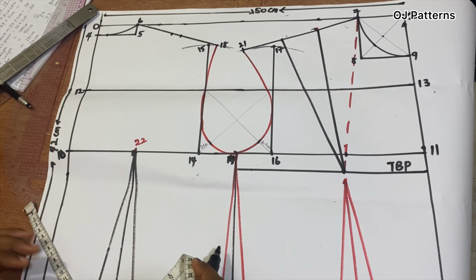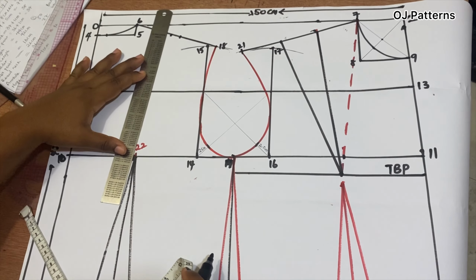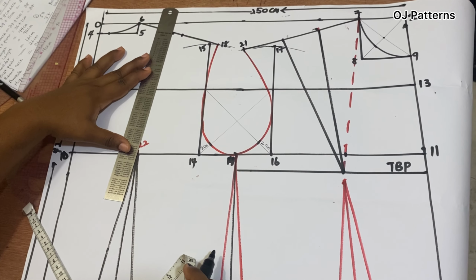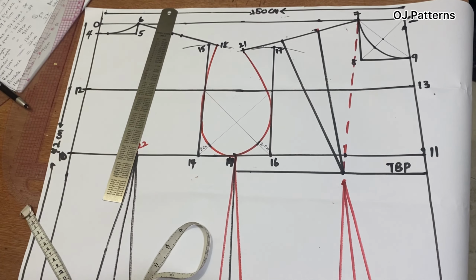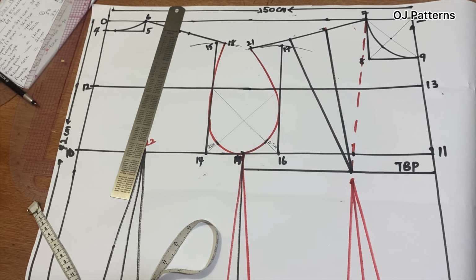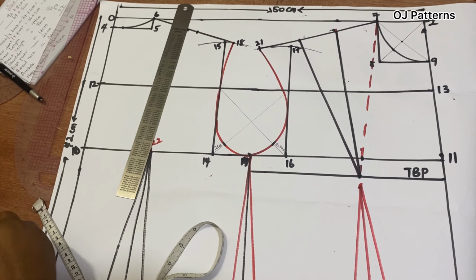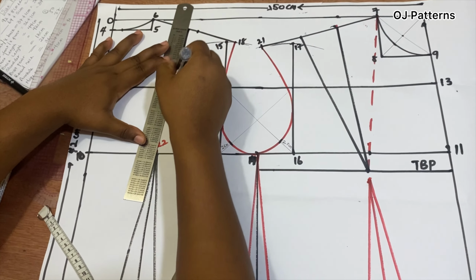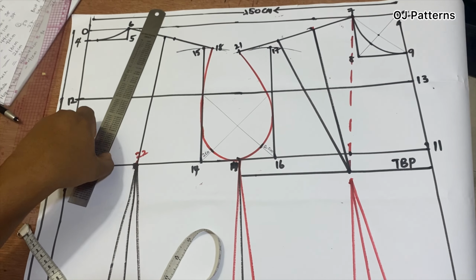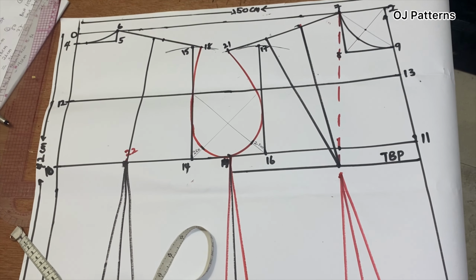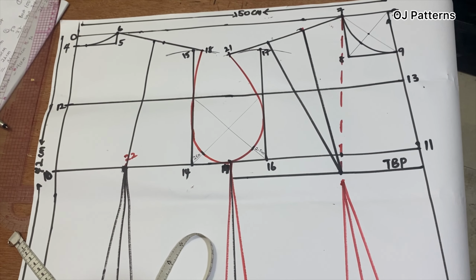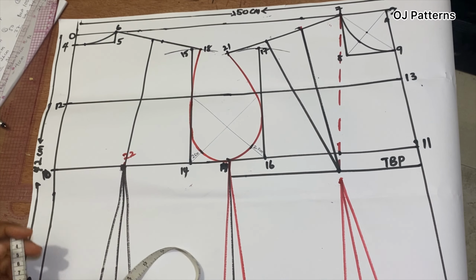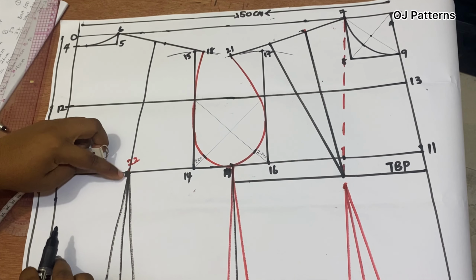So from the 6.5, you have to roll a line to the waist dart tip. This way, it serves as a guide. Now, next, you connect from 1.5, slanting it to 7. So, roll a line first to the waist dart tip.